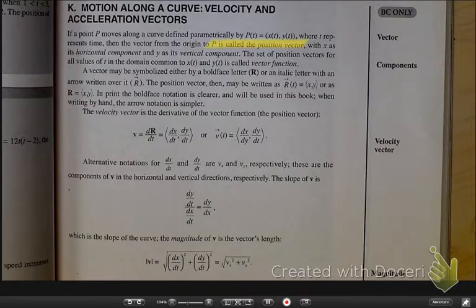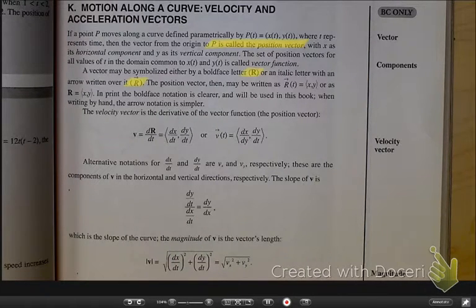So it says the set of position vectors for all domain is called the vector function, and it's symbolized, I'm not sure how the AP test symbolizes it, but I know it can either be a bold letter R or an R with a little arrow over the top of it. This was saying that in print it's easier to make it bold, and in handwriting it's easier to do the R with the arrow over the top, since it's obviously difficult to make something bold when you're writing it by hand.